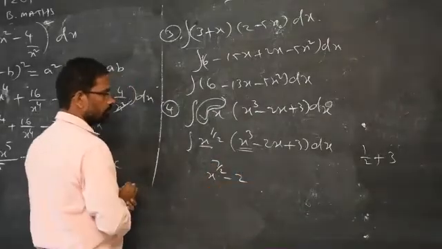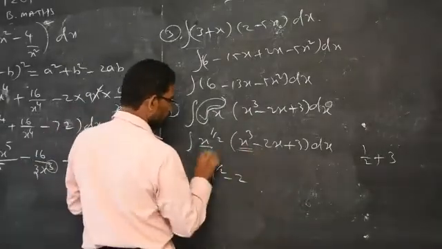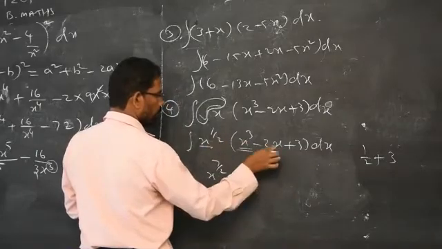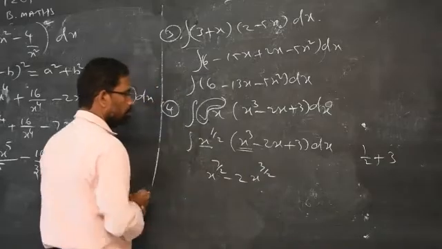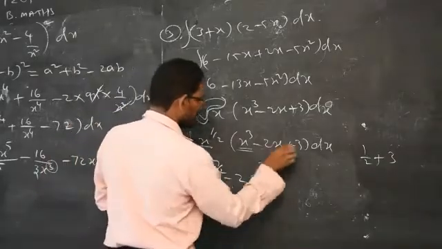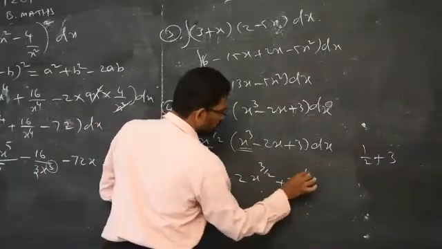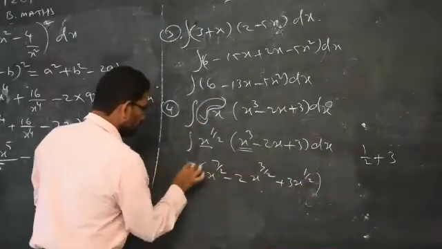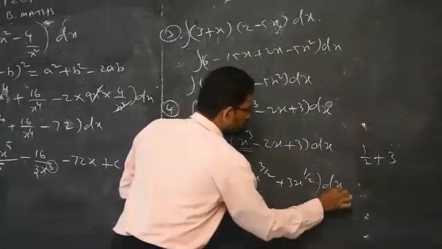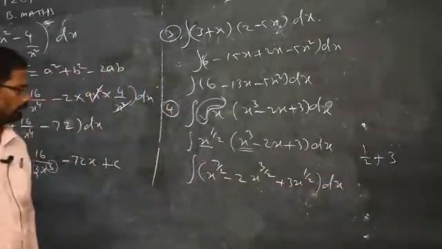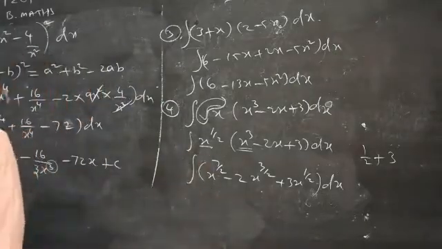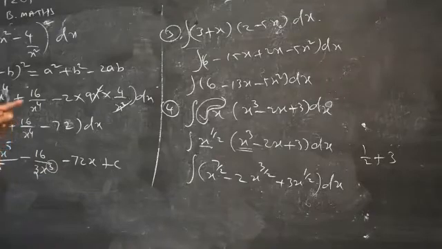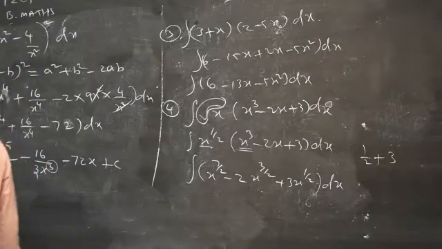Minus 2, x power 1 by 2 into x power 1, that is x power 3 by 2, plus 3 into x power 1 by 2, integration dx. I told you already, whatever the power, negative or positive, fraction, decimal, you always add 1 to the power and write down the answer as a divisor. Clear? This is sum number 4.